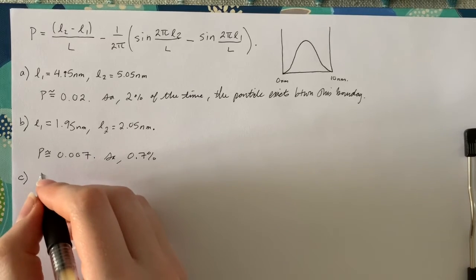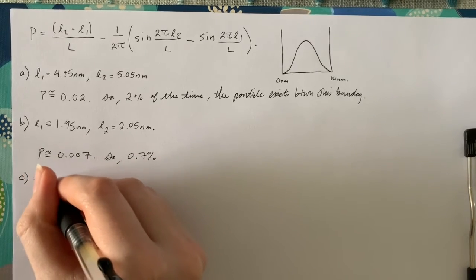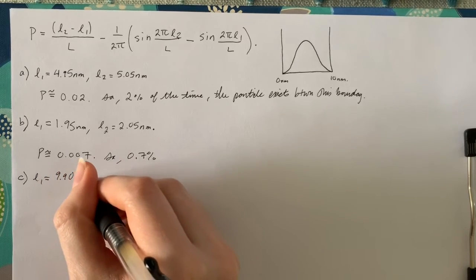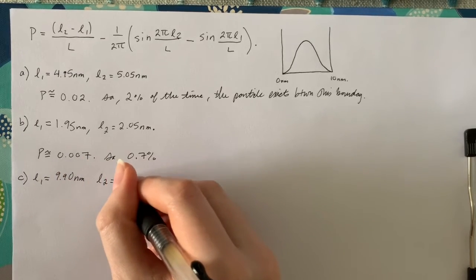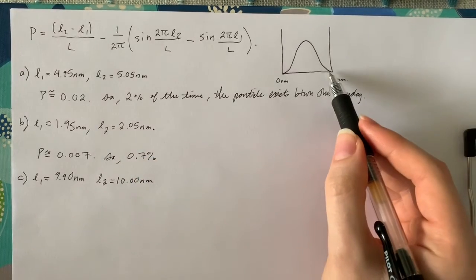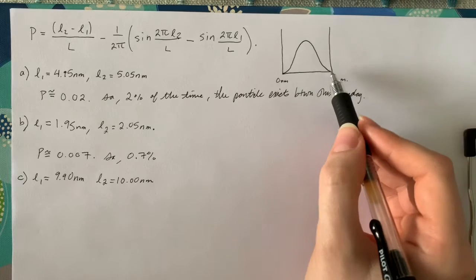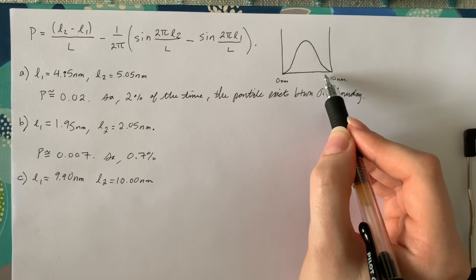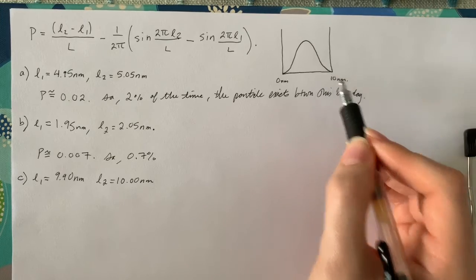Continuing with this, for part C, we have L1 equals 9.90 nanometer, and L2 equals 10 nanometer. Here, we're even closer to that. Actually, we're right on the boundary, just in by a 10th of a nanometer.